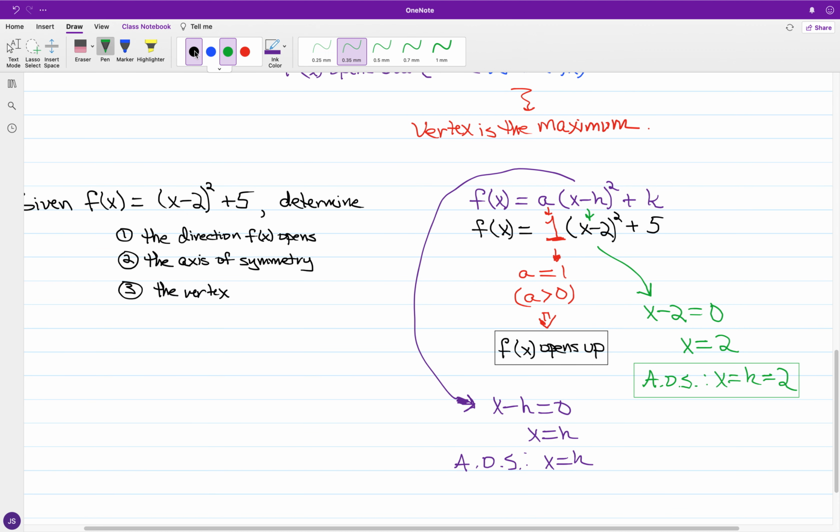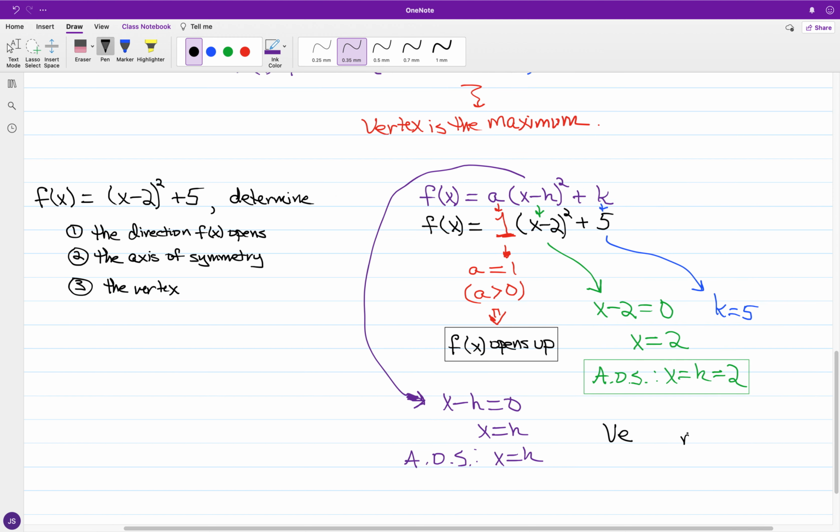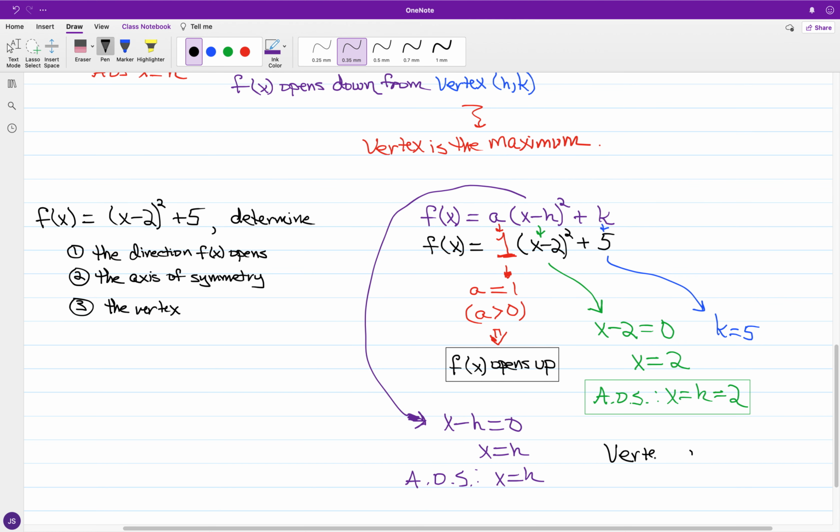And as for the k value, you have the addition of 5 to follow, so k is equal to 5. So h is going to be at 2, k is going to be at 5. So for the vertex (h, k), we have the location at (2, 5).